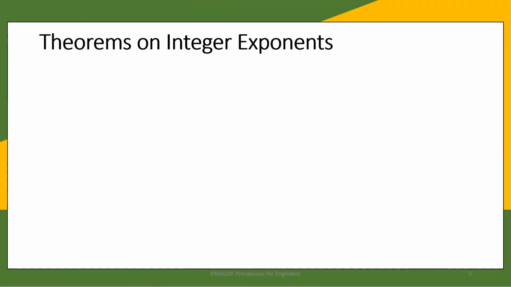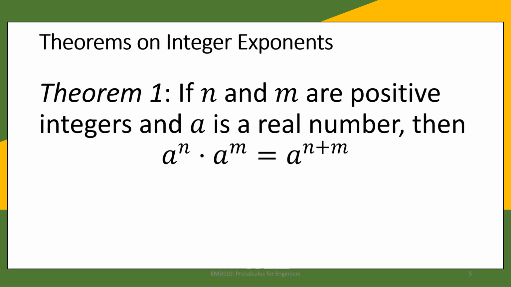So our next task is to simplify expressions involving integer exponents. To do this, there are theorems that we need to apply. The first theorem states that if n and m are positive integers and a is a real number, then a raised to n multiplied by a raised to m is equal to a raised to n plus m.